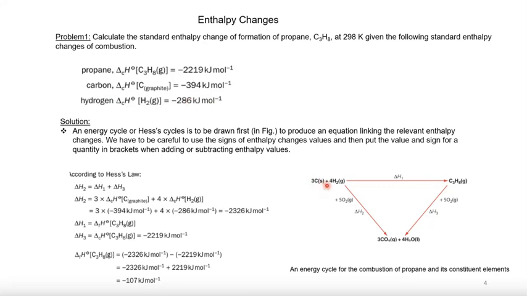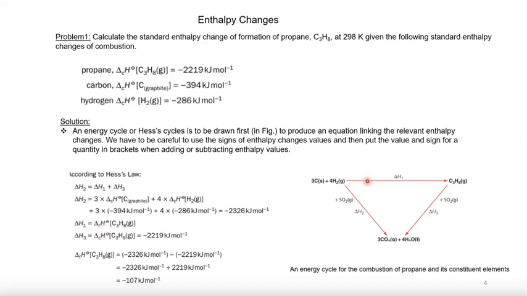From 3 moles of carbon and 4 moles of hydrogen gas, we get the standard enthalpy change. So ΔH2 is equal to 3 times the standard enthalpy change of graphite plus 4 times the standard enthalpy change of hydrogen gas. We calculate this and find it is 2326 kilojoules per mole.